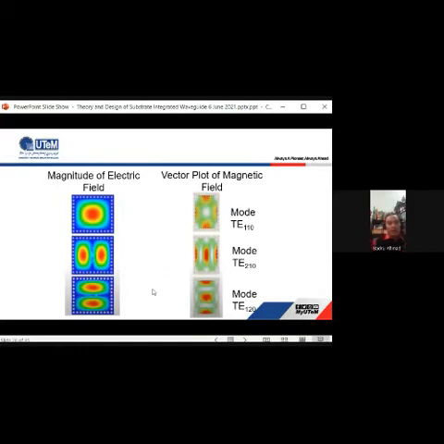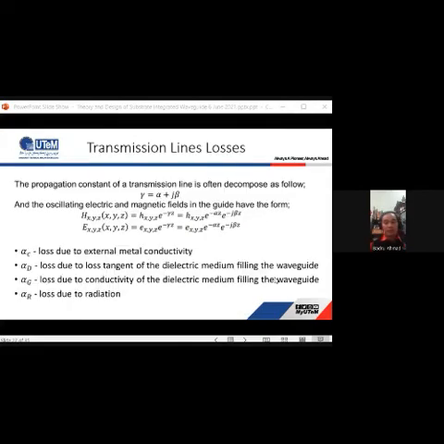For this slide, I would also like to share the transmission losses that occur in the SIW. What you see here is the characteristic of an electromagnetic signal that propagates.